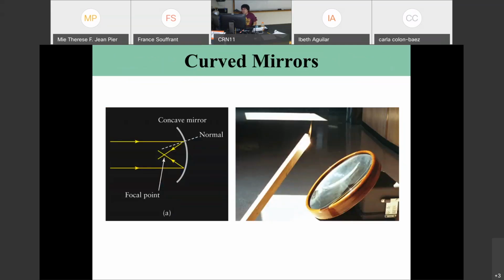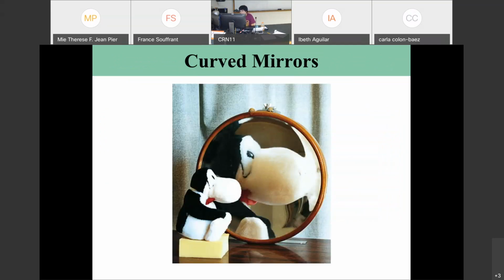What you're seeing right now is a curved mirror. It's a concave mirror, a mirror where the light is focused towards a focal point. And the interesting part is that you can have a magnified image from a concave mirror.